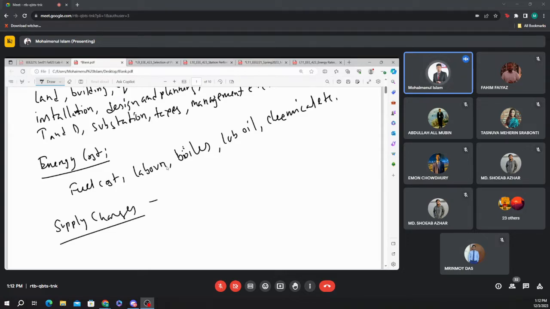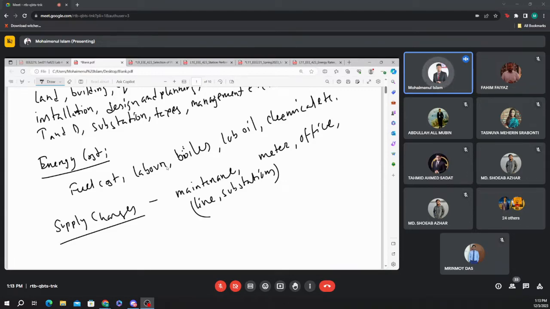Supply charges, actually it covers maintenance cost, for maintenance for line, transmission line, substation, etc. And also you need to set up meters, and also for office, you need to manage some office, right?